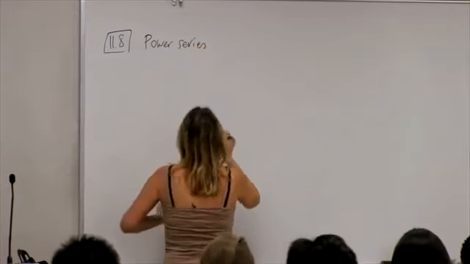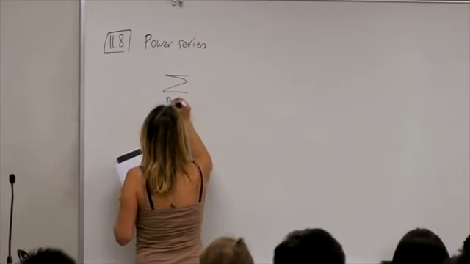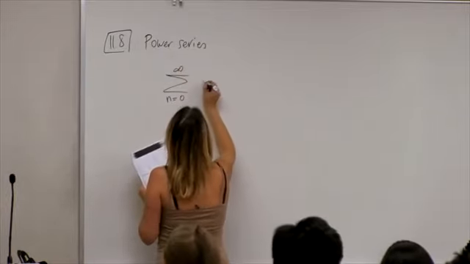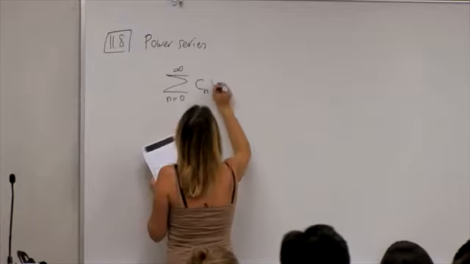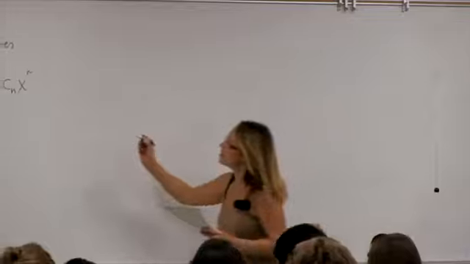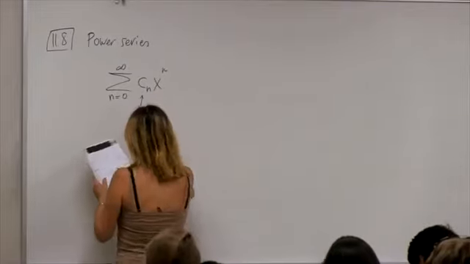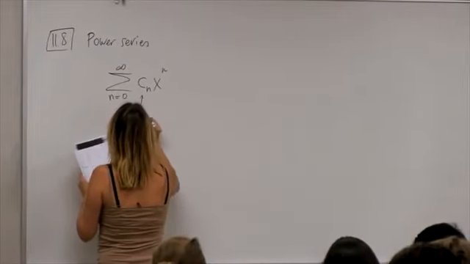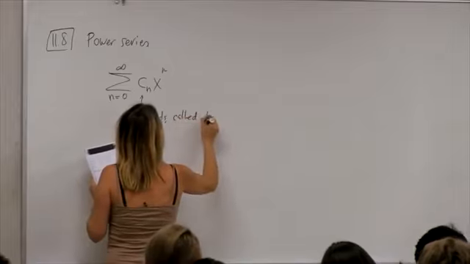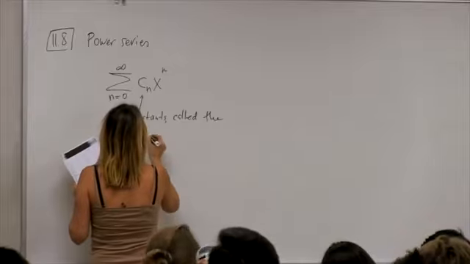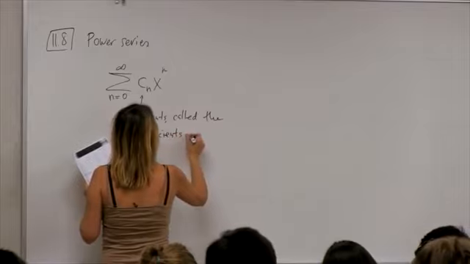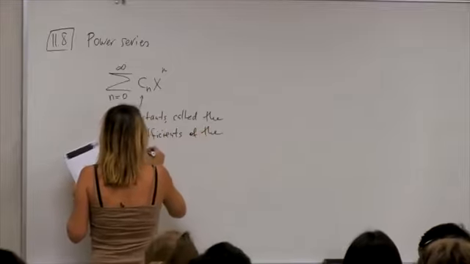So as you remember, series are infinite sums of numbers. Today we consider a special type of series that look like this. The c_n are numbers or constants, which are called the coefficients of the power series.